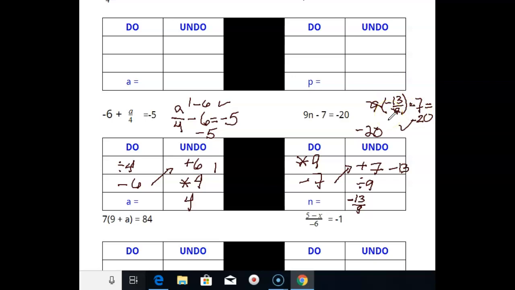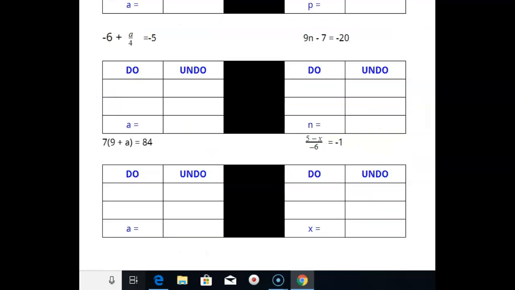All right, let's look at a couple more just because we can, and just to make sure you guys are understanding what's going on. And just because I have one more that's a little bit different with a special case in here too when I rewrite it. So this one says 7 times 9 plus A. If I were going to do this with PEMDAS, remember I'm going to evaluate what's in here first.